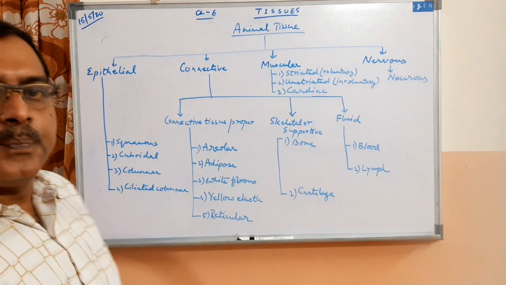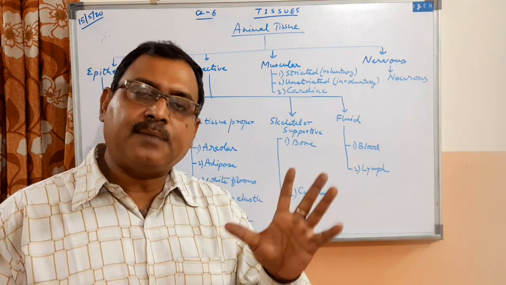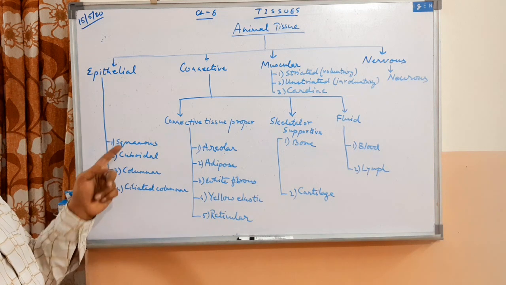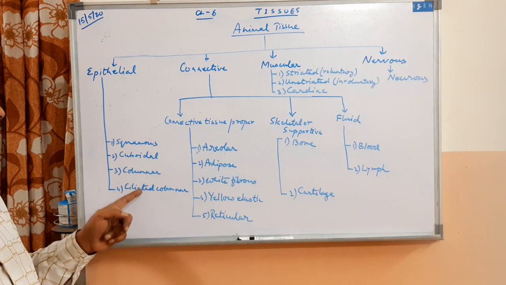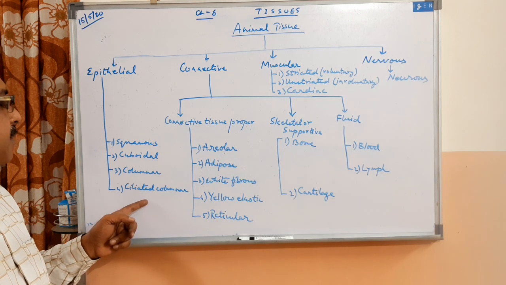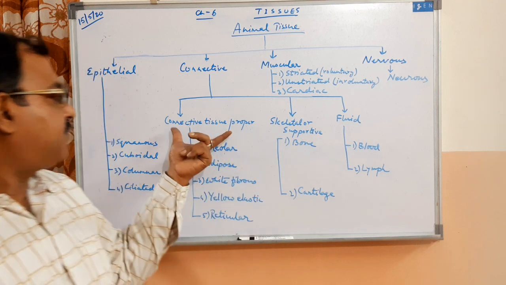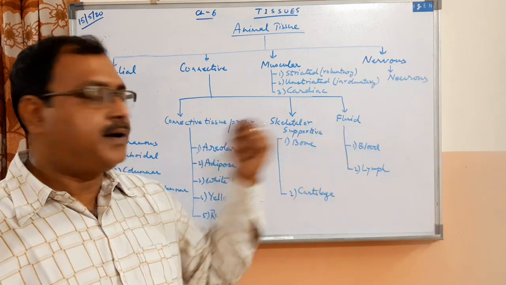So this is the broad classification of different types of animal tissue. Remember, epithelial tissue is of 4 types: squamous, cuboidal, columnar and ciliated columnar. Connective tissue is of 3 types: connective tissue proper, skeletal or supportive, and fluid.